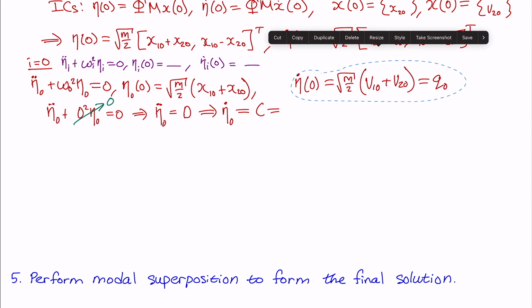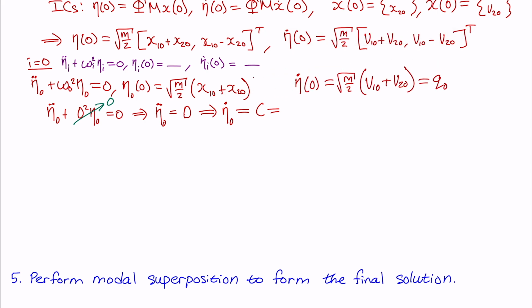I'm going to call the displacement p0 just to save a little bit more space here. You then integrate a second time and you'll find that eta 0 is equal to that constant times t plus another constant.